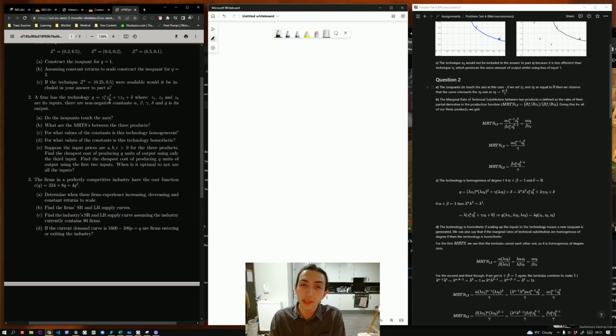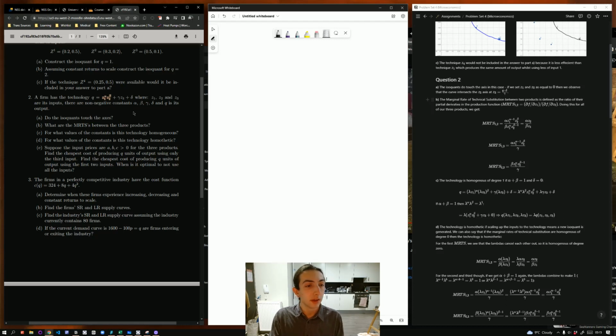So the only time it works is the intersection of Z3 with its own axis, which you can find. If we eliminate Z1 and Z2, we're left with q equals gamma Z3 plus delta, which simplifies to (q minus delta) over gamma equals Z3. And that is where the isoquants will intersect the Z3 axis.